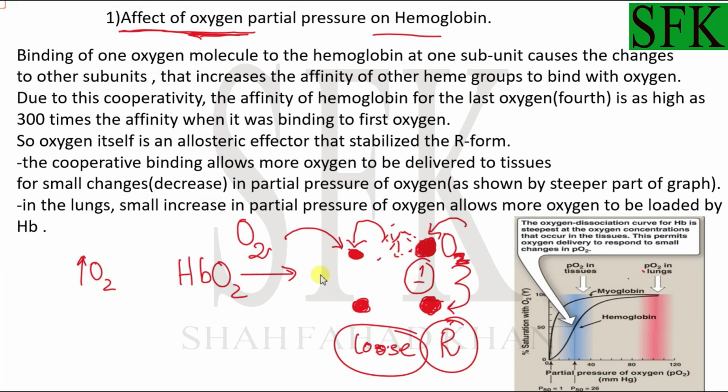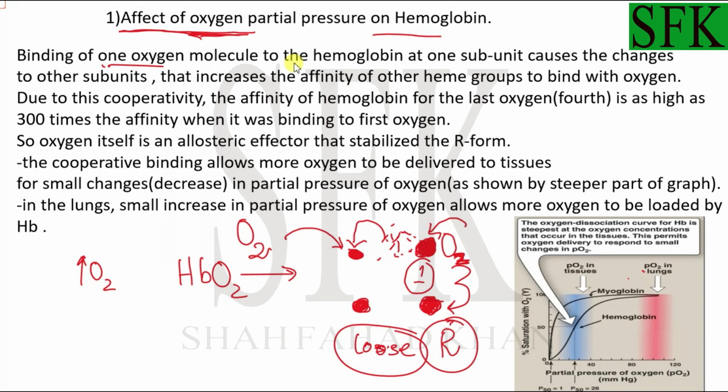So this is an allosteric effect of oxygen on the hemoglobin structure, and that's the reason why the hemoglobin curve appeared sigmoid in shape, and we've talked in great detail about that in the previous lecture. I'll just give a quick read through of what I've written over here.